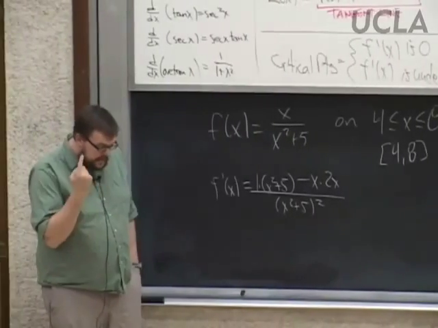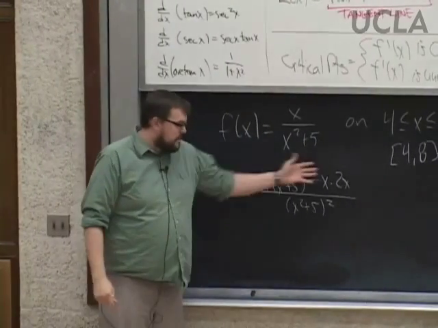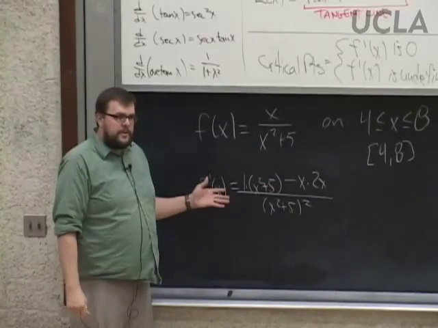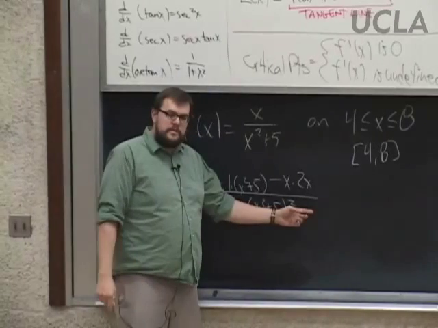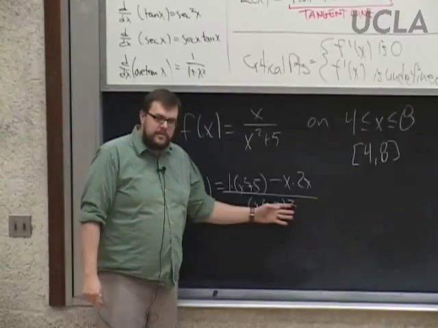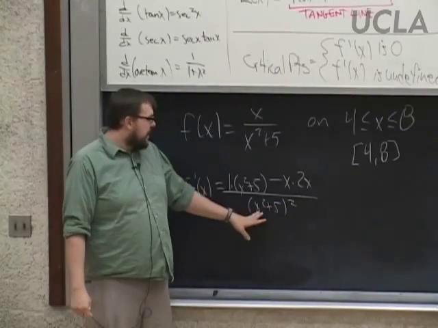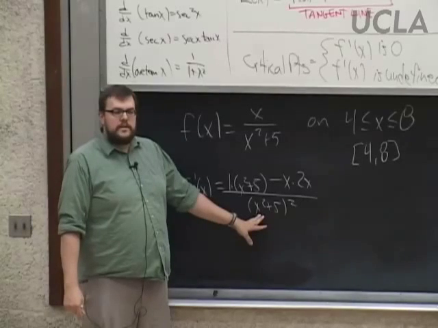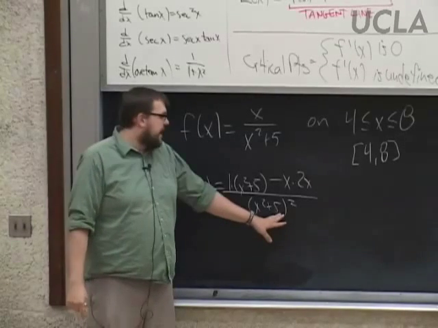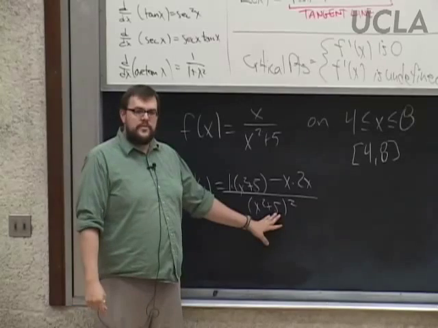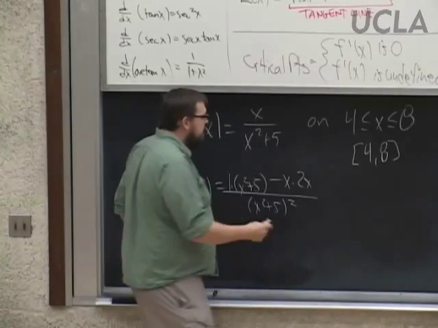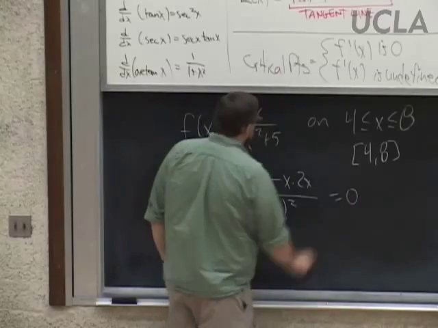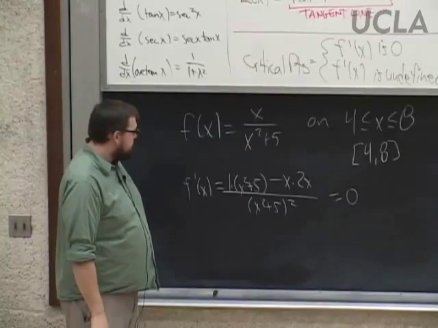Now, here, certainly the top is a polynomial, the bottom is a polynomial. The only place I could ever have to worry about it being undefined is if the bottom were 0. Do I have to worry about it in this case? No, because notice I have an x squared. If I square, I get something positive, and then I add 5, making it even more positive. So the bottom is never 0. So really the only thing I need to worry about as far as critical points goes is when the numerator equals 0.